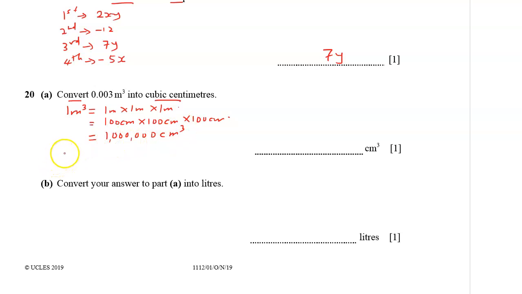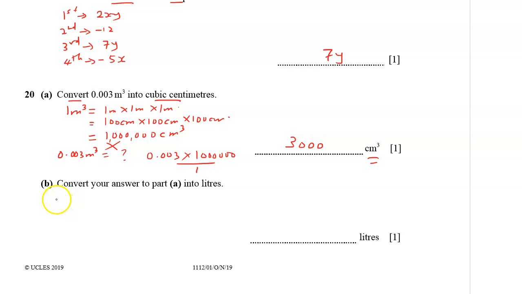And therefore, we ask ourselves, if 1 meter cubed is 1 million centimeters cubed, then 0.003 meters cubed will be how much? Then we cross multiply. You'll find that this is going to be 0.003 times 1 million divided by 1. And when you do the math right, you're going to get 3,000 centimeters cubed.